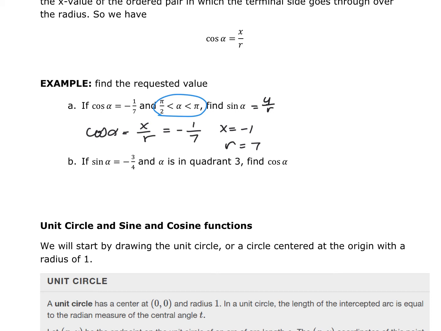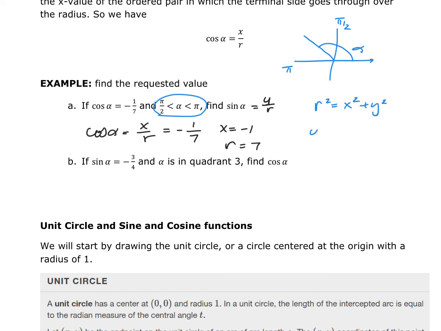In fact, they're telling me that pi over 2 is less than alpha, which is less than pi. That tells me my terminal side will land in quadrant number 2. So this is pi over 2, and here is pi. That means my angle alpha is in quadrant number 2. We know that r squared is equal to x squared plus y squared all day long.